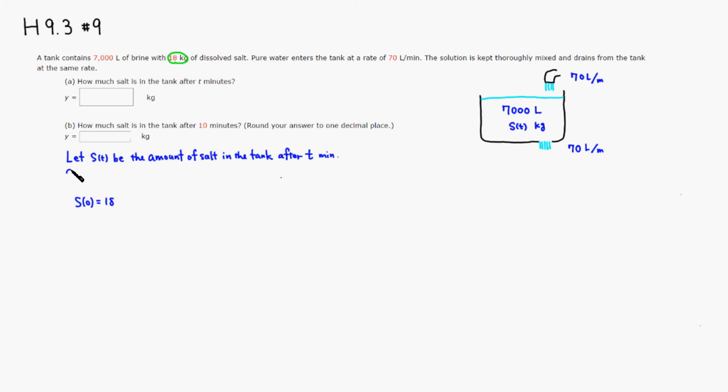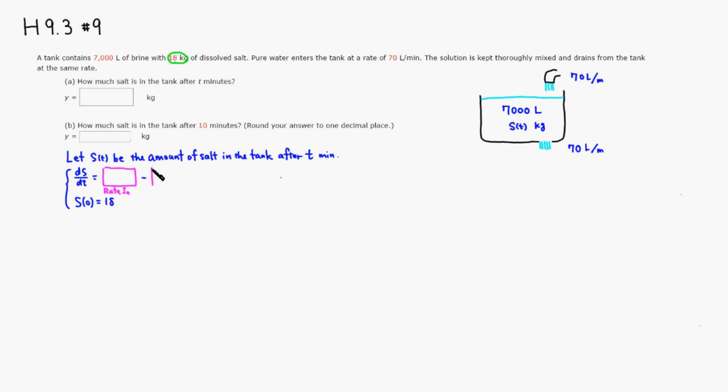All right, then we just have to come up with a differential equation. And remember that we look at the rate of change of the amount of salt with respect to time. All right, so all we need is the rate in, and then we subtract the rate out.